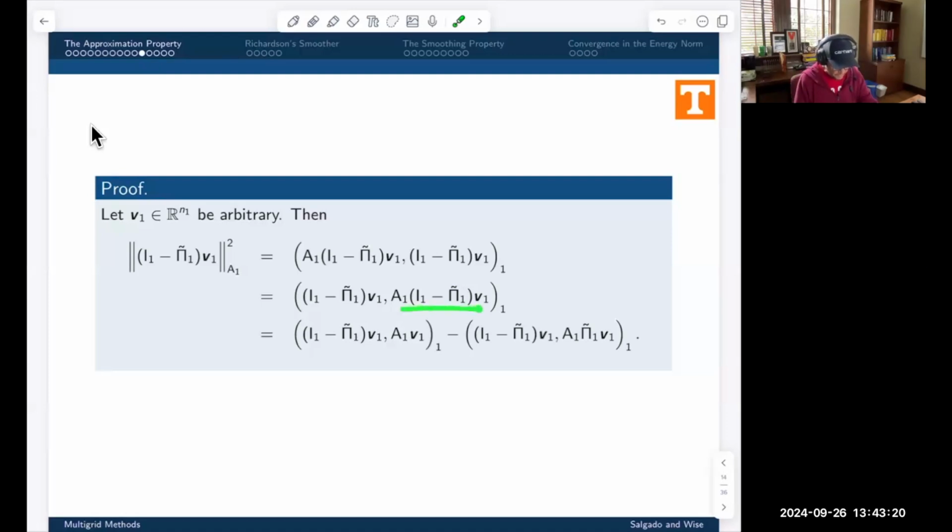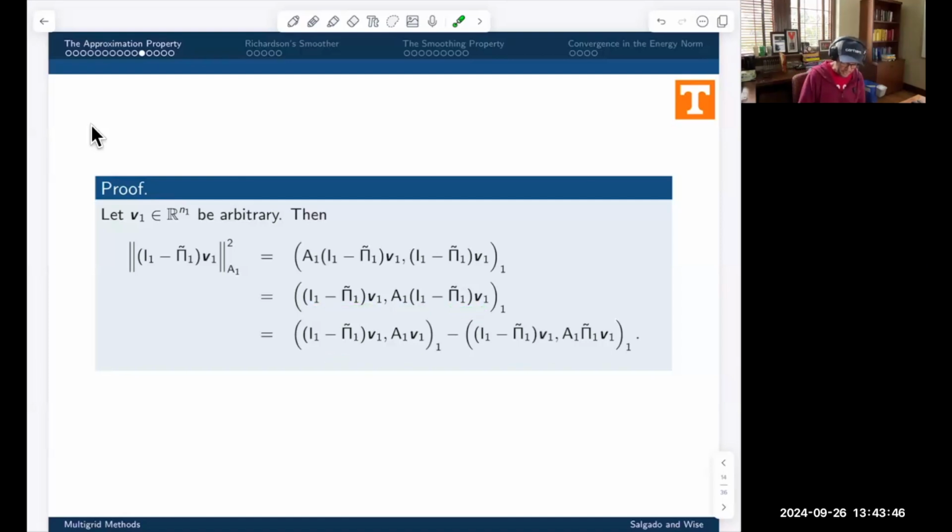Remember, that gives us two vectors. So I'm going to split that into the inner product of this vector with that first vector minus the inner product of the first vector with the second one. All right, or I should call this vector the one on the left. The left with the first, and then we're going to do the left with the second. So that's what produces these two terms.